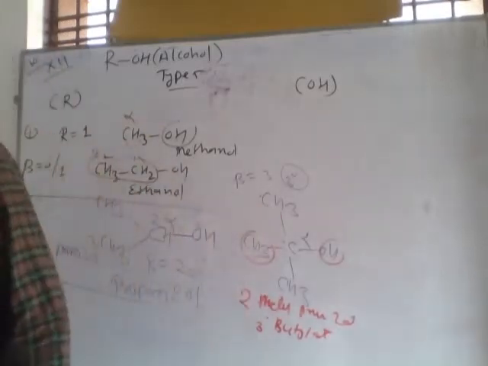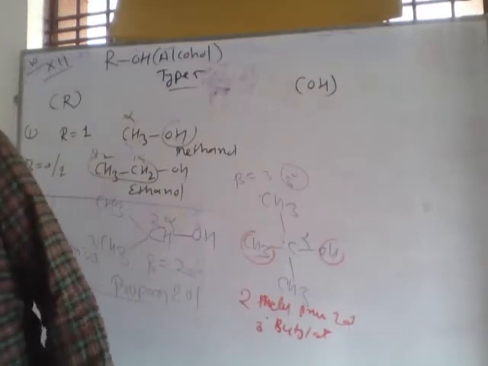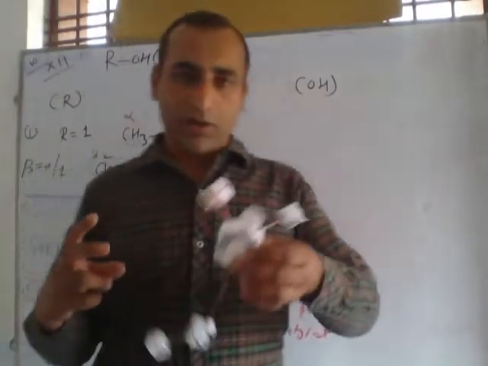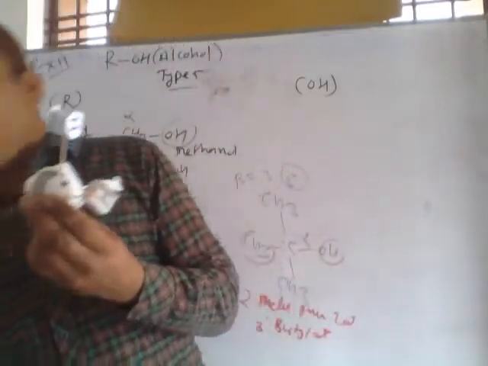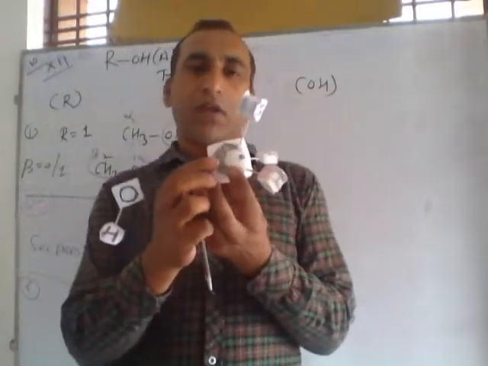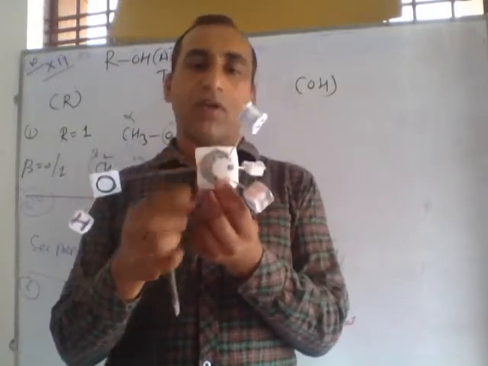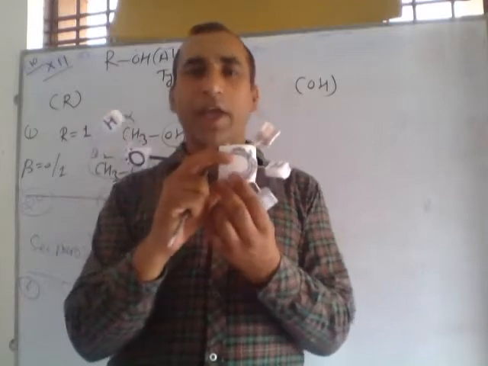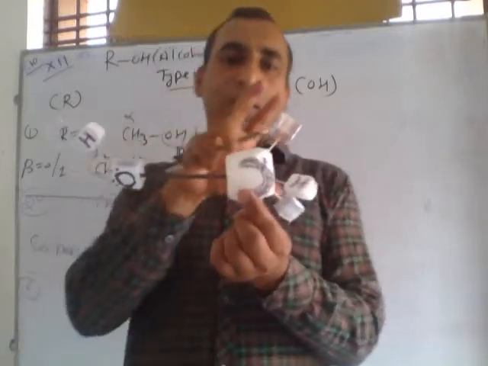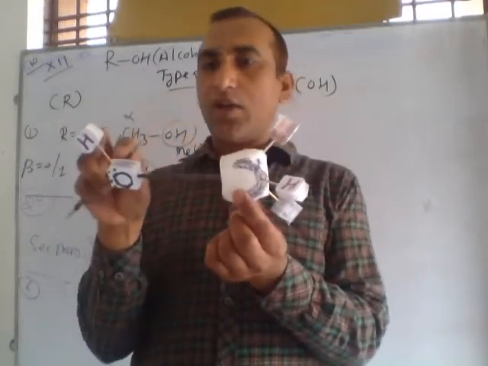These categories we can understand easily with the help of ball and stick model. Listen. In this compound, you can observe that this is carbon, these are 3 hydrogens, this is O connected with H. So this is called methanol.